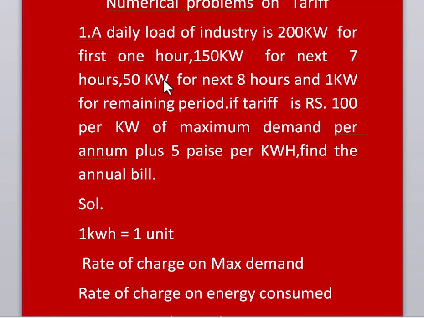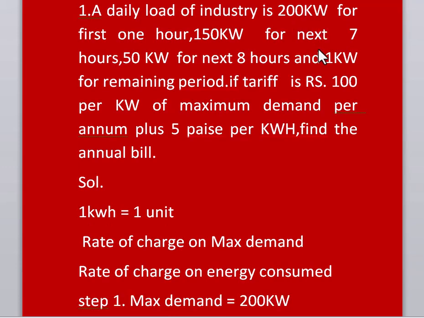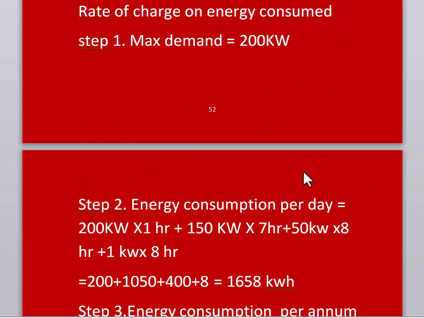Out of these, 200 kilowatts is the maximum power taken by the industry. So this will be considered as the maximum demand of the industry. So we write here maximum demand is 200 kilowatts.